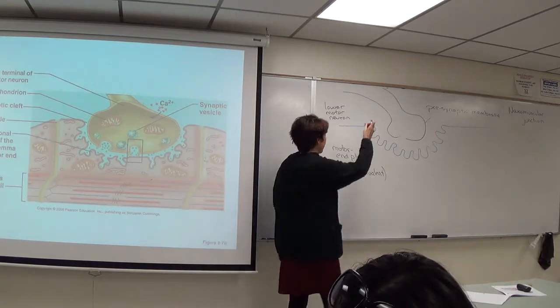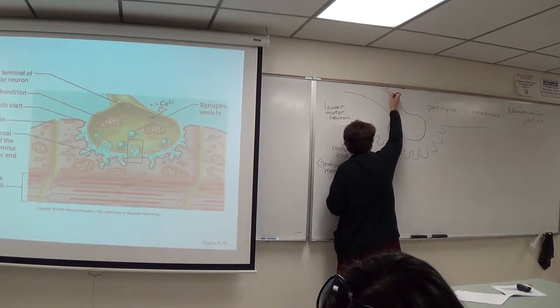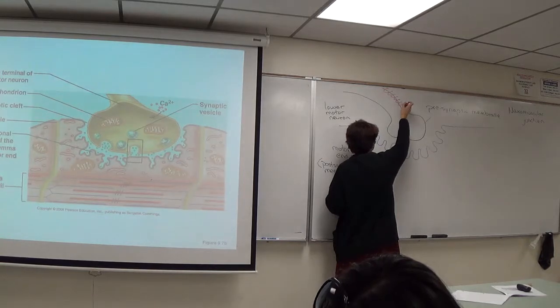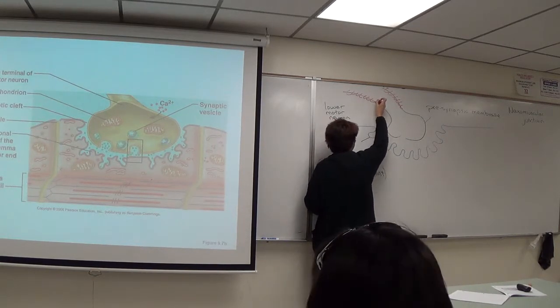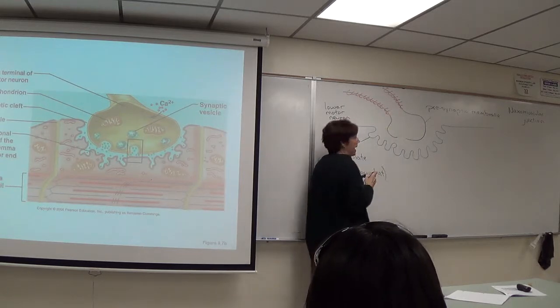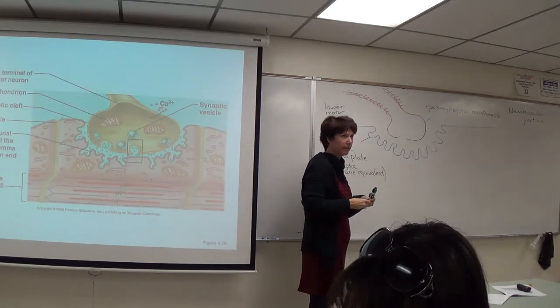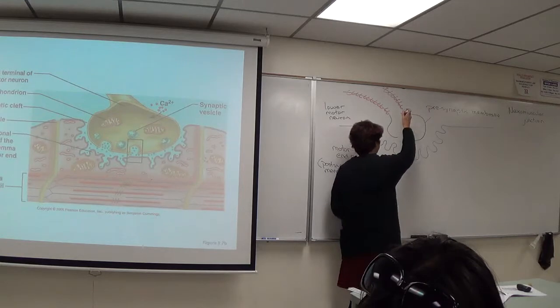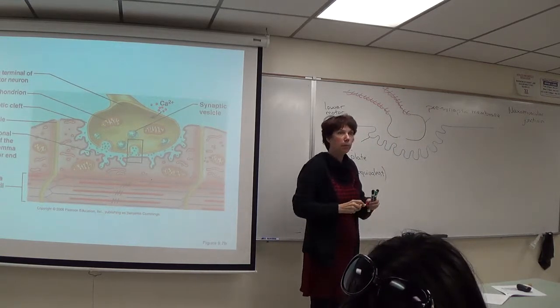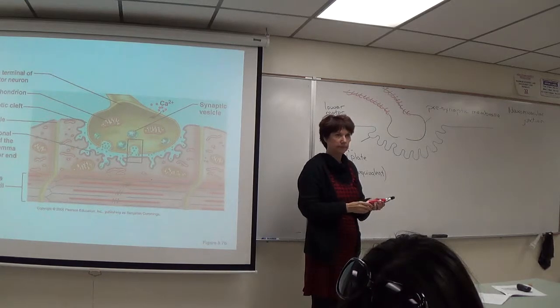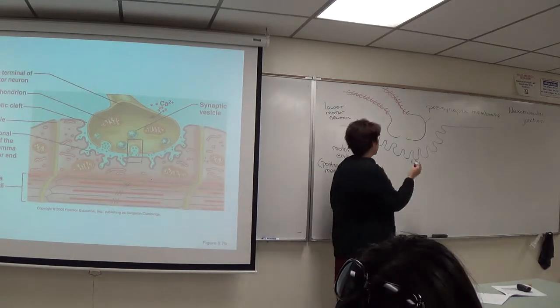That's causing a sequence of sodium, potassium, voltage-gated channels to open and sending that signal down my axon terminal. Once that series of action potentials reaches the synaptic bulb, what kind of channels are going to open? Calcium, voltage-gated calcium channels.